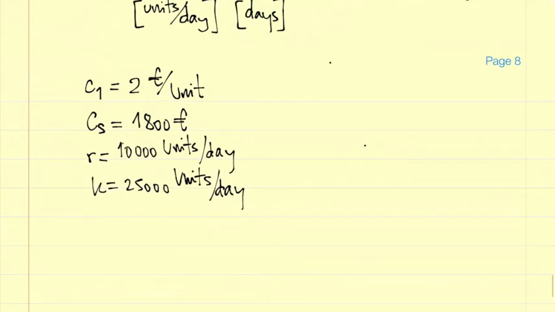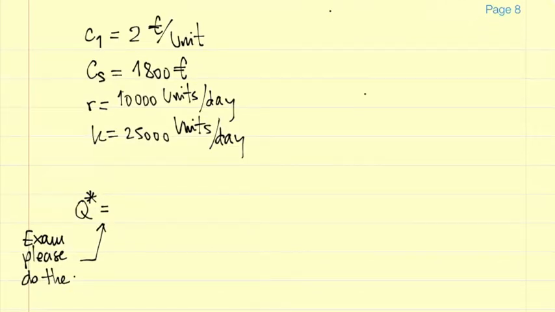So as a result of all the things we know, if I ask this in the exam, of course, you need to make sure that you derive all the formulas that we already had. Okay, so for the exam, please do the whole formula as above.